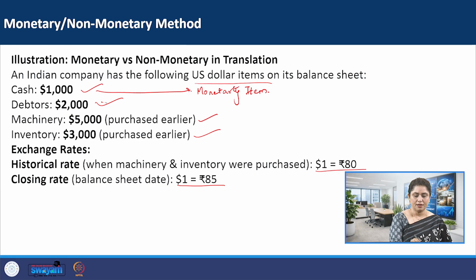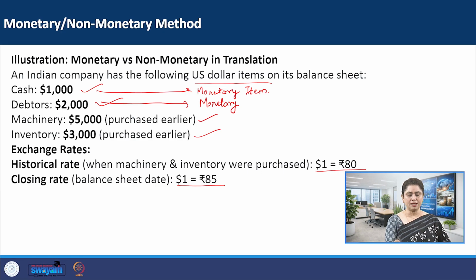Similarly, debtors is also a monetary item because we know that we will get a fixed amount of cash currency in it. Since they are monetary items, they will be converted at the closing rate.